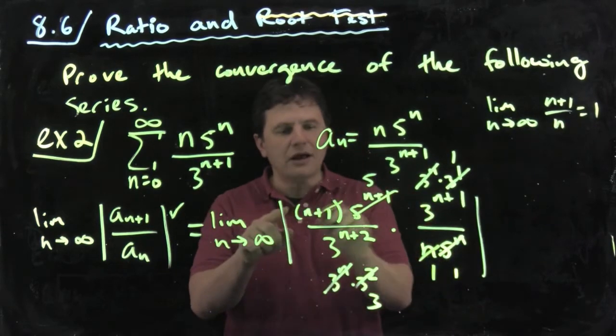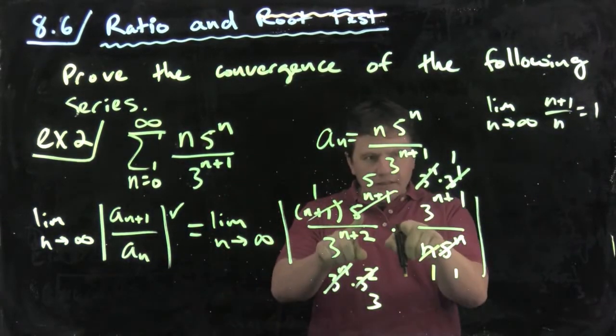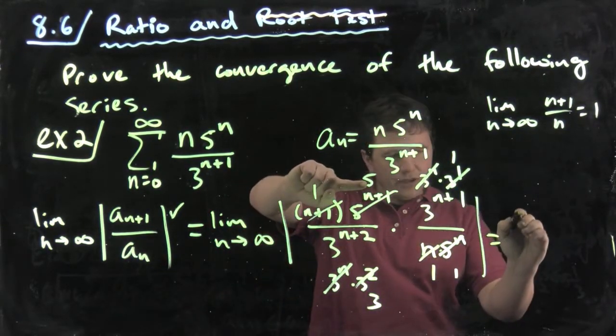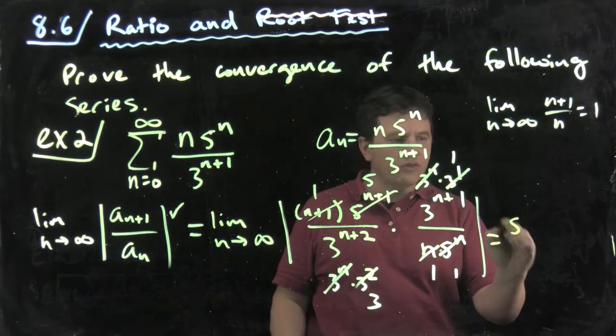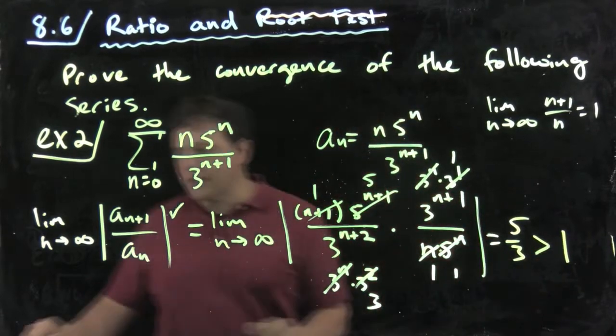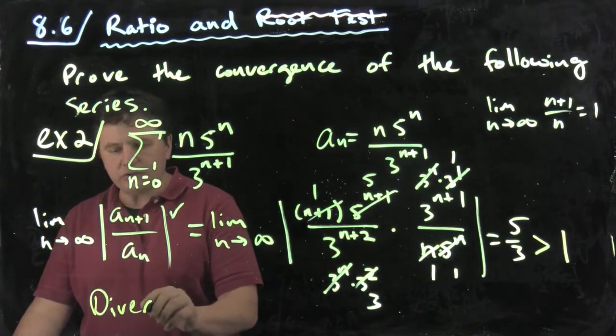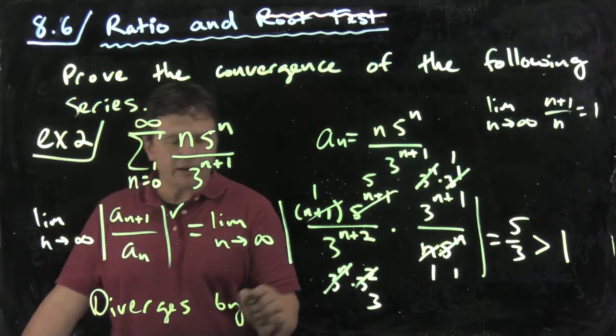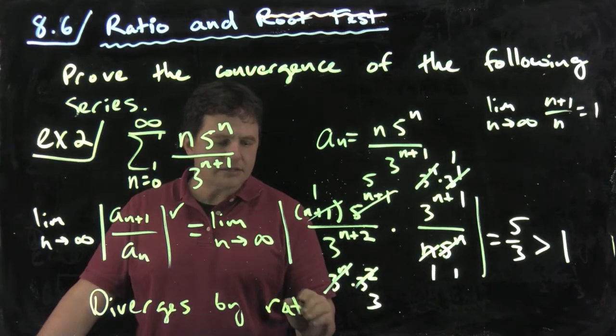So these will cancel outright, giving us 1. So what am I left with here? I'm left with 5 in the numerator, and I'm left with 3 in the denominator. So 5/3, that's greater than 1, so this diverges by, and then that's ratio test.